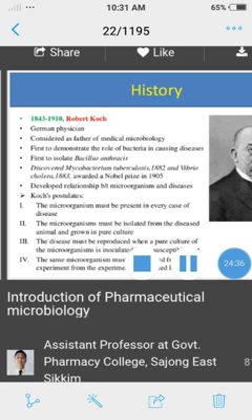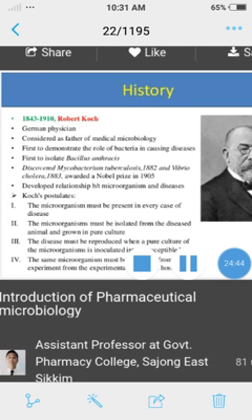Robert Koch developed the relationship between microorganisms and diseases. Most important, there are a few postulates of Robert Koch. The first postulate: the microorganism must be present in every case of disease.